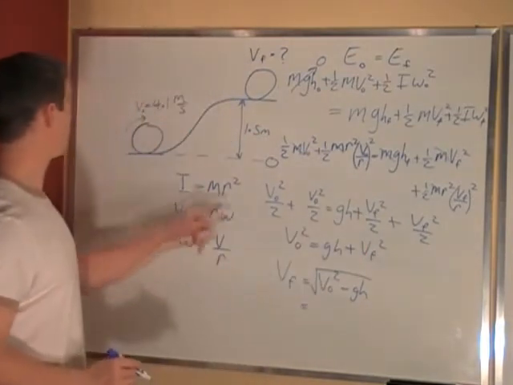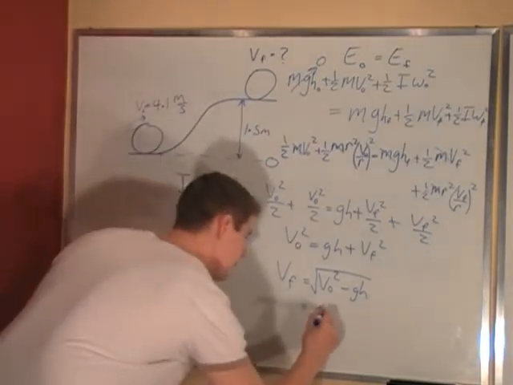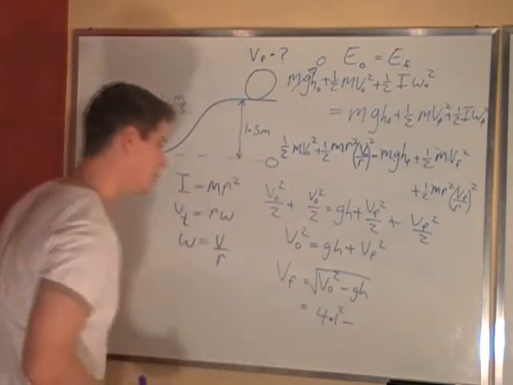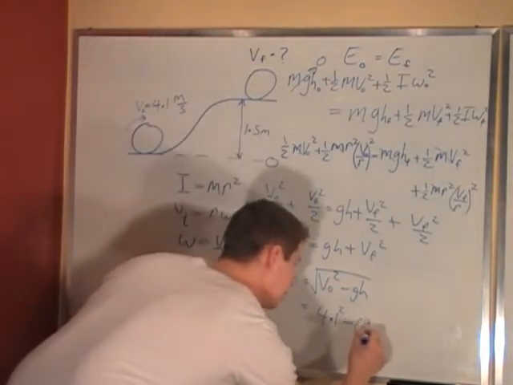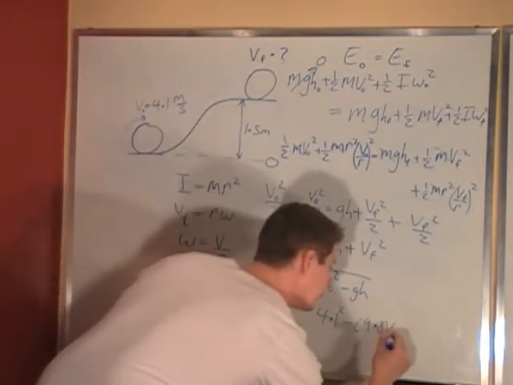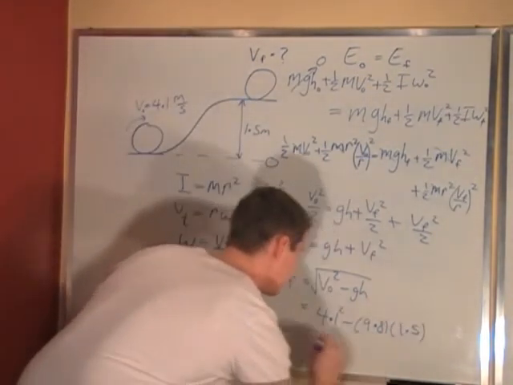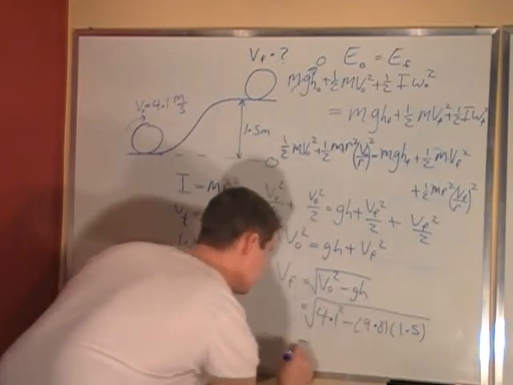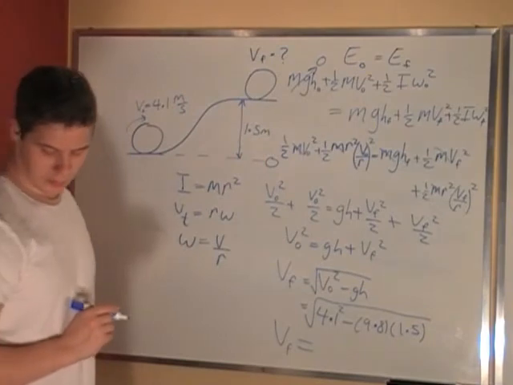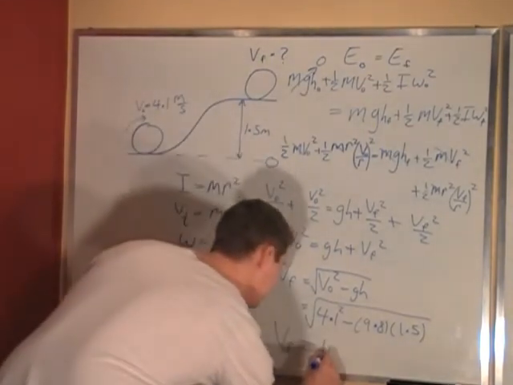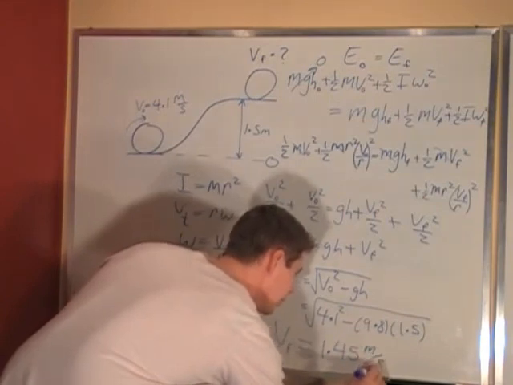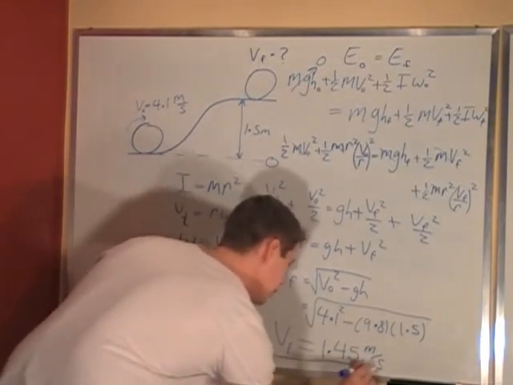So, initial velocity of 4.1 squared minus g, gravitational constant, 9.8, times height, 1.5, square root, gives us a final velocity of 1.45 meters per second. Final answer.